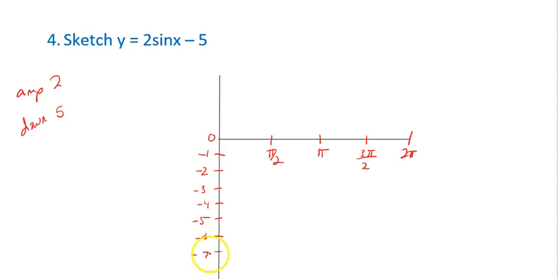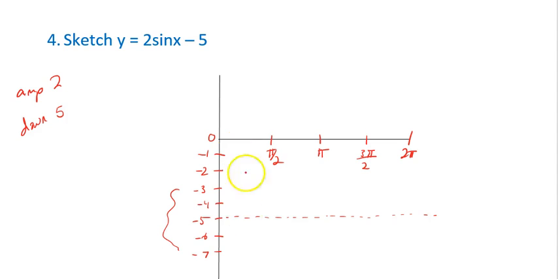Okay, and then I'm going to put in a new midline at -5 to remind myself, okay, that's the middle. But again, with an amplitude of 2, wherever that midline is, that means I'm going to go 2 above, so -3 is the highest it'll go, and 2 below, so -7 is the lowest it'll go. It's going to fit between these values.